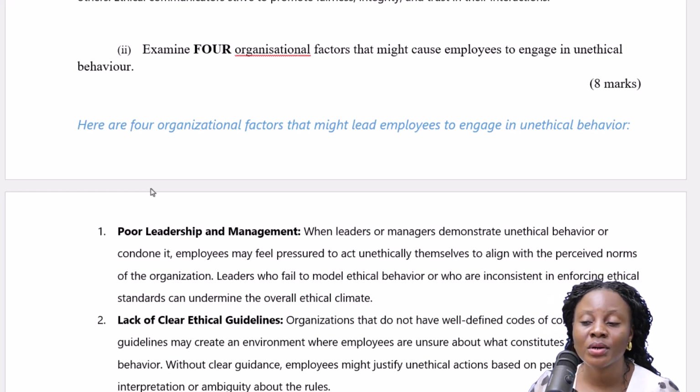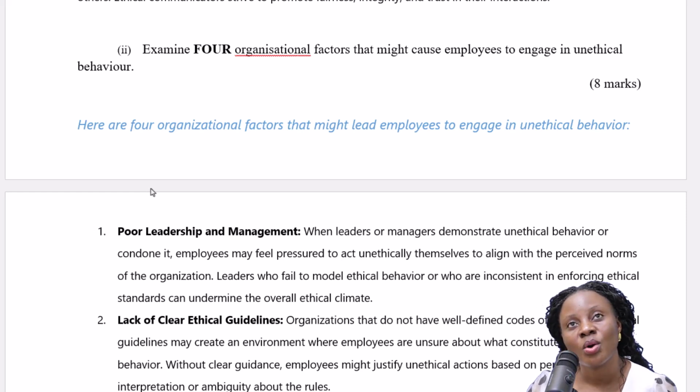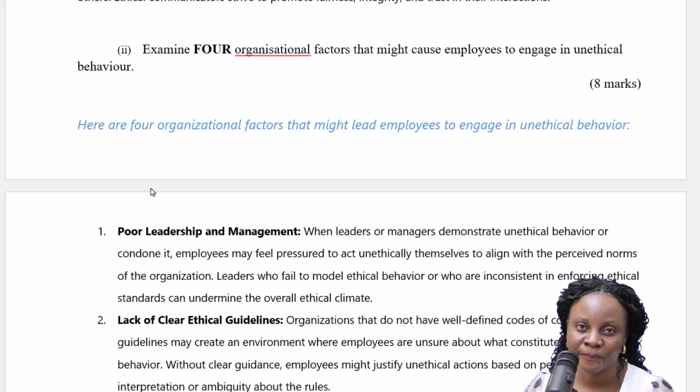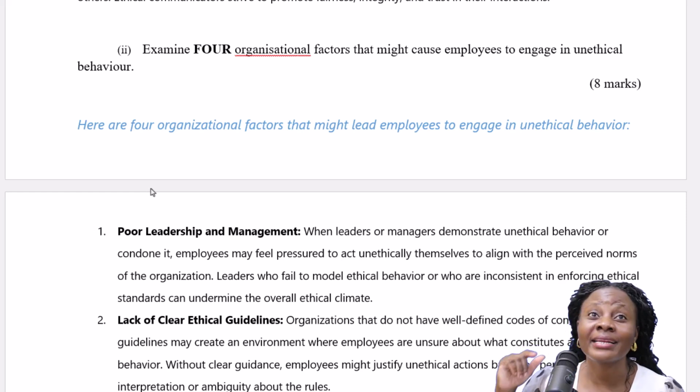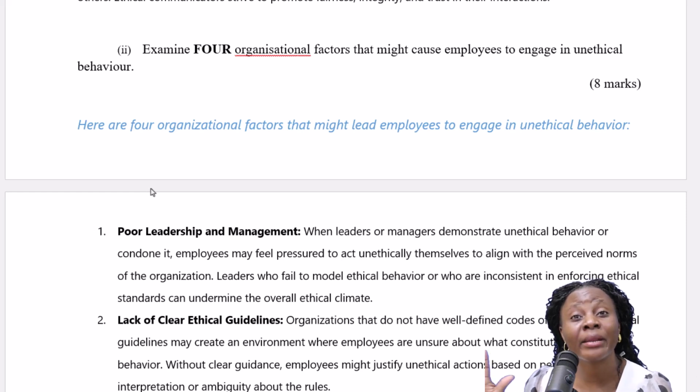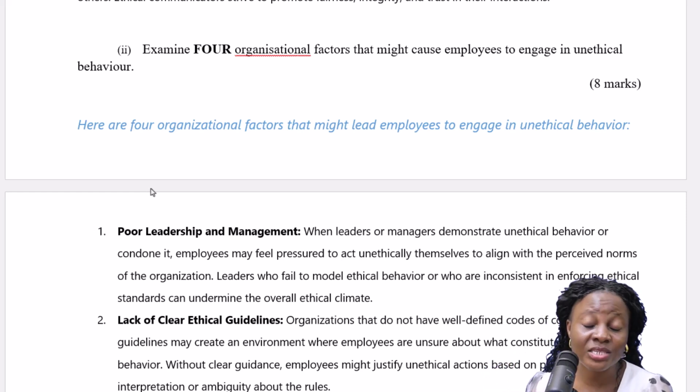Number 2, lack of clear ethical guidelines. When the organization lacks rules and legislation that guide the employees on how to behave at the workplace, that might make employees misbehave or behave unethically. Always have a policy, always have rules and regulations attached on your main board or notice board so that employees know clearly that this is what is expected of us.